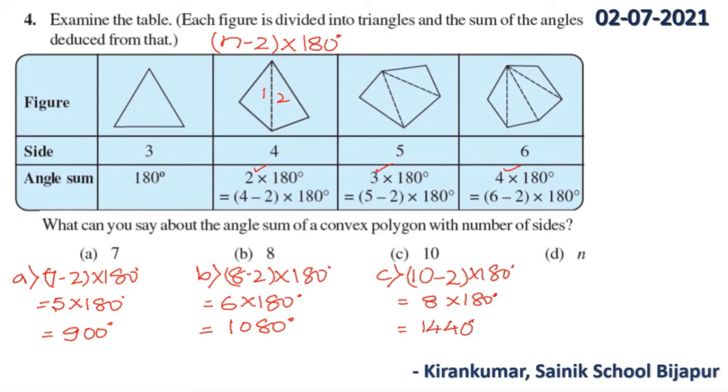So we have 1440 degrees. If the number of sides is n, as I mentioned here, it is (n minus 2) into 180 degrees. This is a general formula to find the sum of interior angles where n is the number of sides.